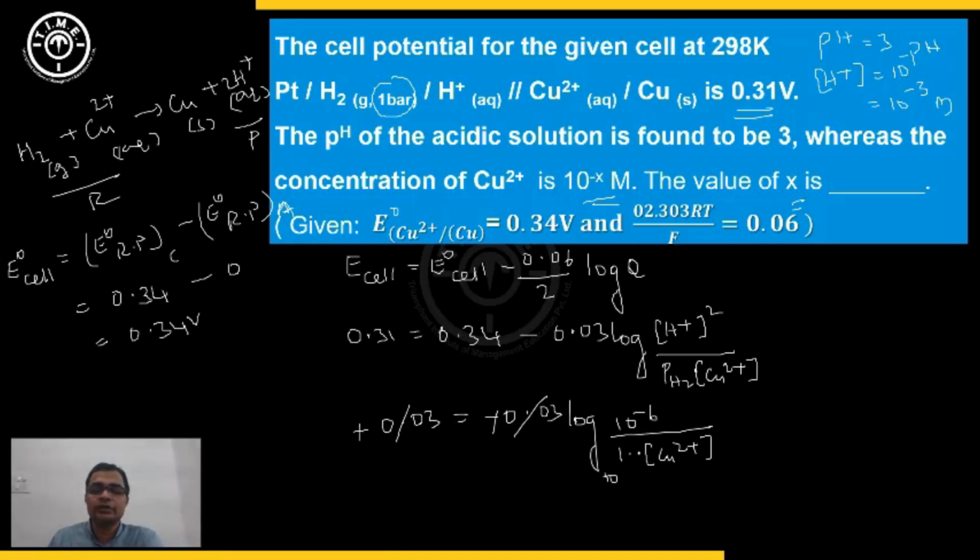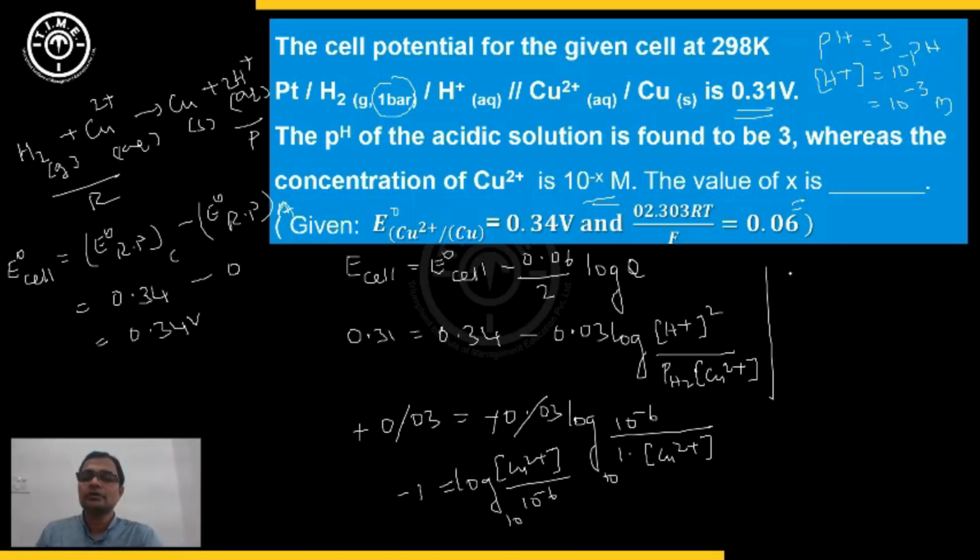If it moves to the numerator, what will you get here? Minus 1 is equal to log of Cu2+ ion, moved to the numerator, divided by 10 to the power of minus 6. This is log base 10.